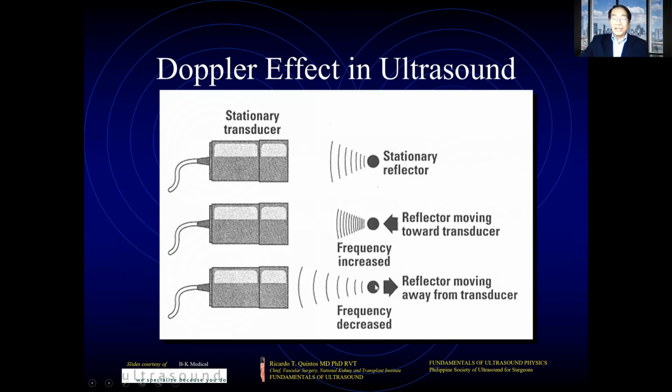If this red blood cell is moving away from the transducer, the reflection is going to be a slower or a lower frequency. So that is the Doppler effect.